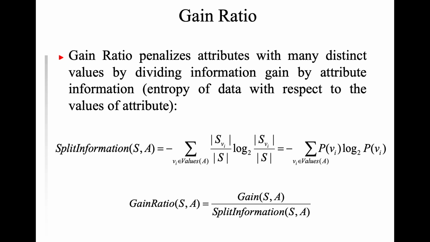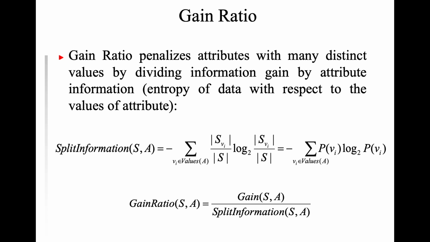Now we calculate the information gain of S with respect to A. Now because the gain favors those attributes with a high number of distinct values and is biased towards them, we normalize it by dividing it by the split info, where the split info is kind of an entropy with respect to that subset. So we are dividing by that in order to normalize it. So it's an entropy of our sub data proportions.